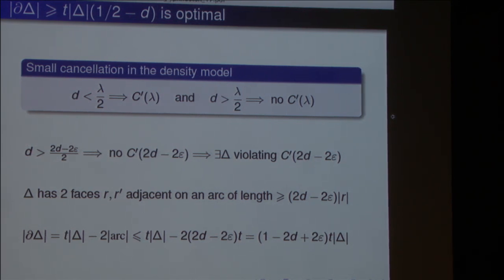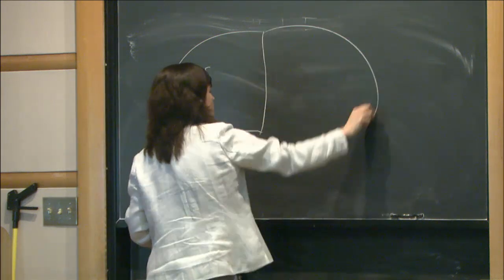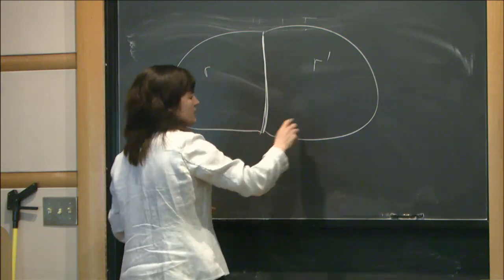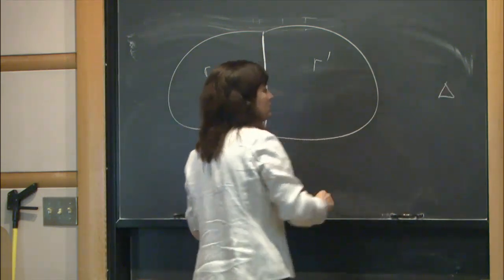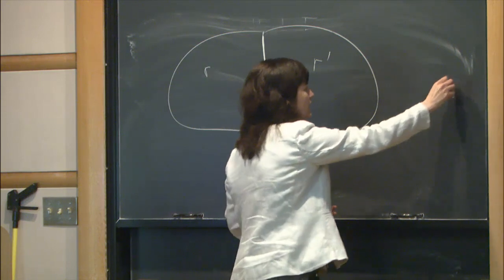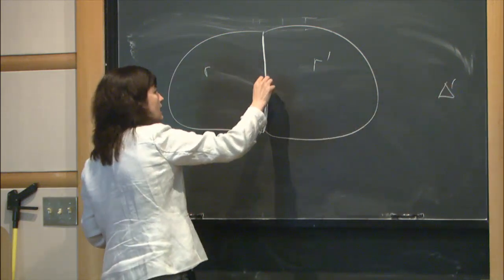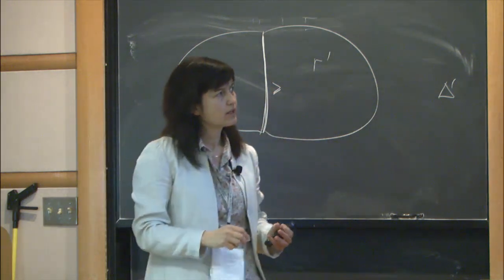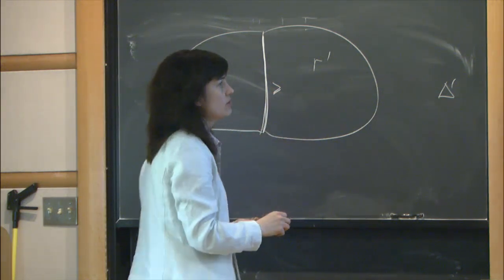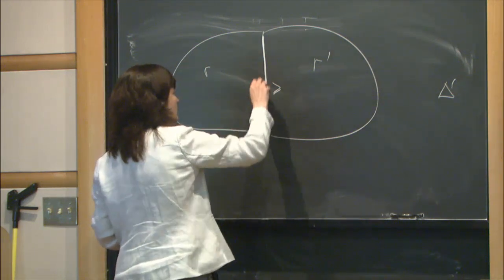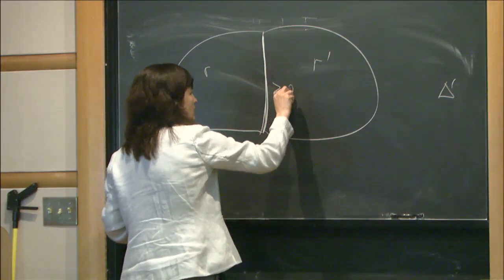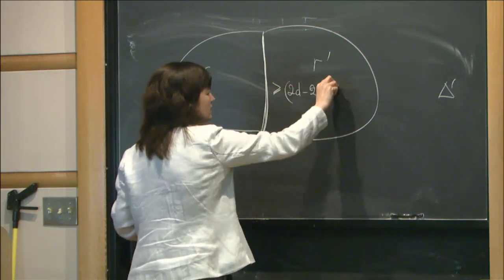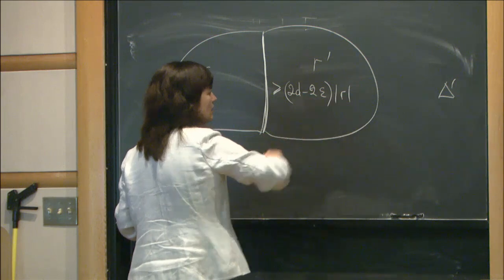I have some r, some r prime, and I have this common thing, say delta prime. That doesn't matter. Some diagram, and the length of this is bigger than the constant I have chosen: 2d minus 2 epsilon times the length of, say, r.